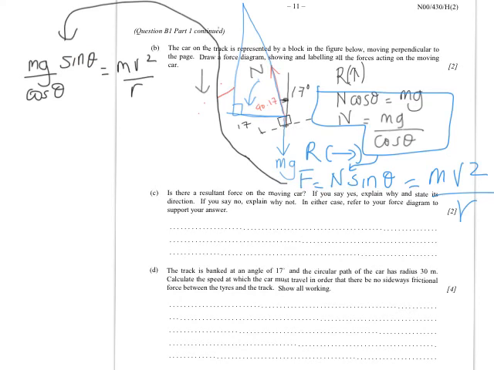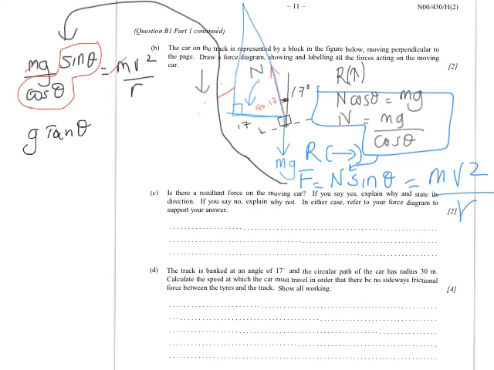And we need to do a little bit of cancelling. We have mass on both sides, so it looks like we didn't need to know the mass in the first place. And then we also have this fun sine of the angle over the cosine of the angle, which you might remember, hopefully from last year, is equal to tan. So what we end up with is g tan of the angle.